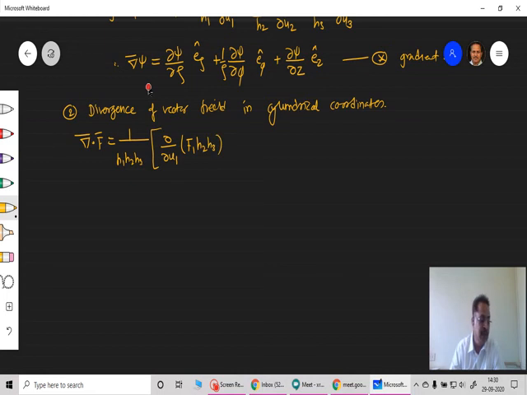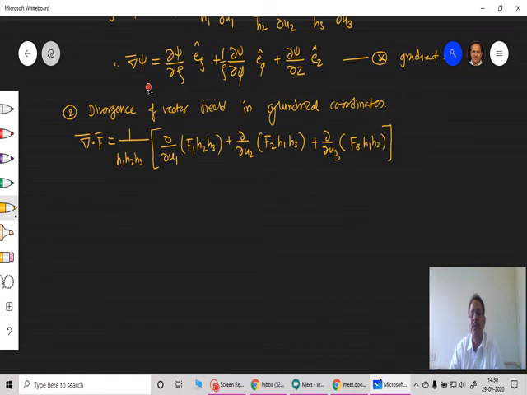Now we can write the remaining: plus ∂/∂u2 of F2 H1 H3, and the last term is ∂/∂u3 of F3 H1 H2.